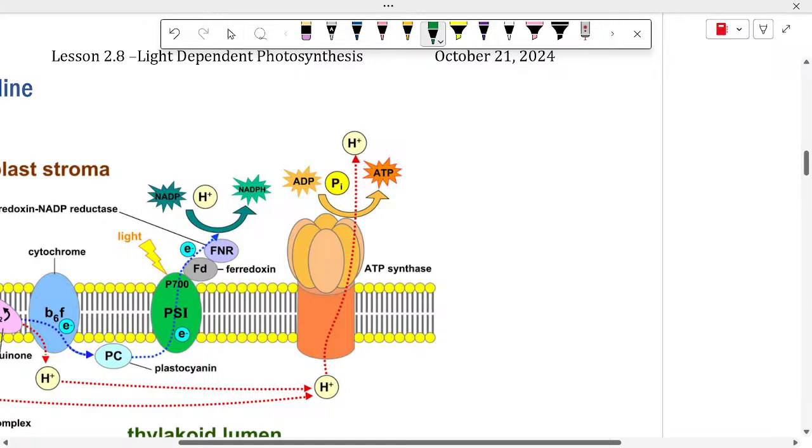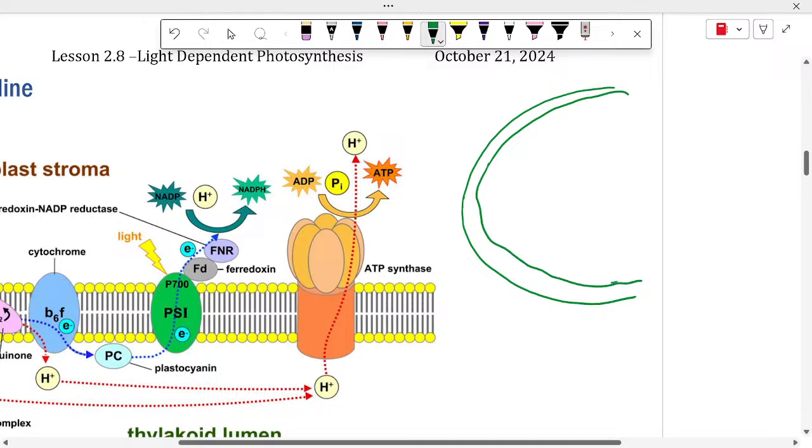So if we look at a very schematic chloroplast here, we have the outer membrane, we have the inner membrane, and then inside of the inner membrane, we have the grana, and each granum is made up of a stack of thylakoids, right? Kind of like that.